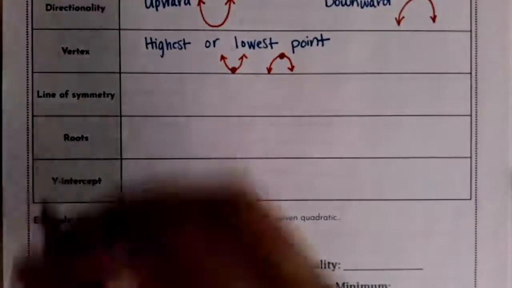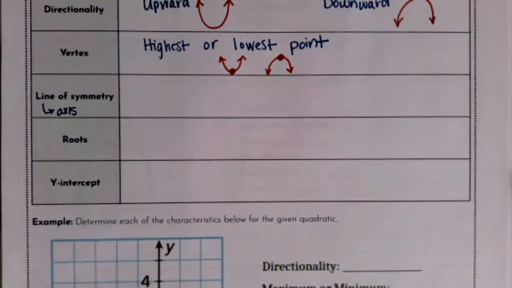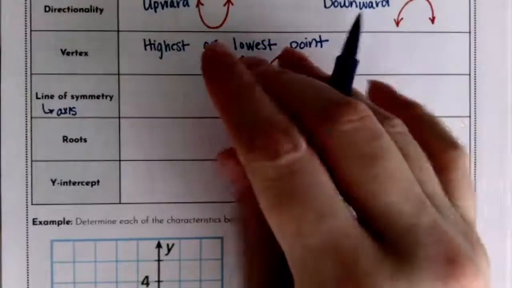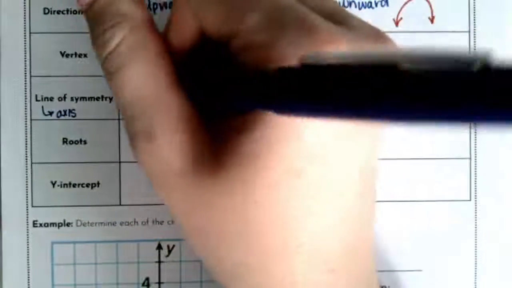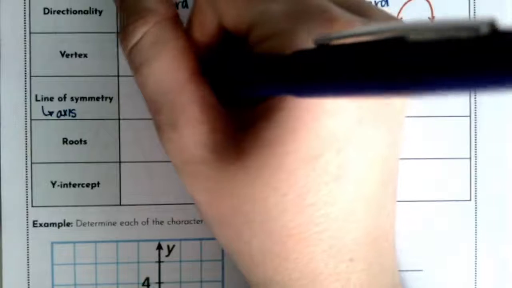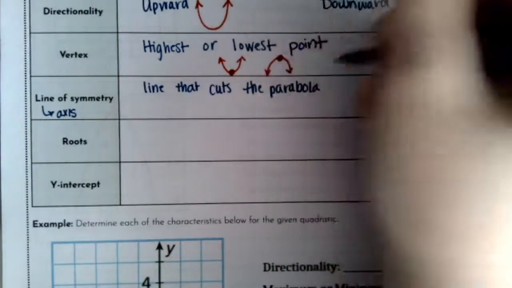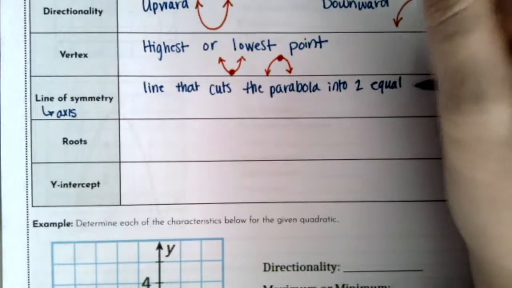Our next one is the line of symmetry, also sometimes called the axis of symmetry. Those are the same thing. And when you learn about symmetry, you learn that means that the shape or item can fold on top of itself. And so the line of symmetry is the line that cuts the parabola into two equal halves.